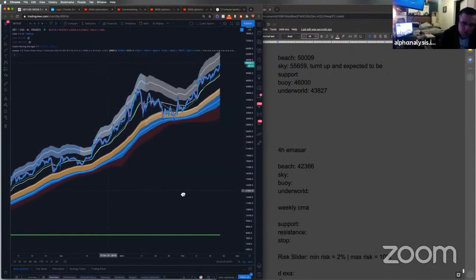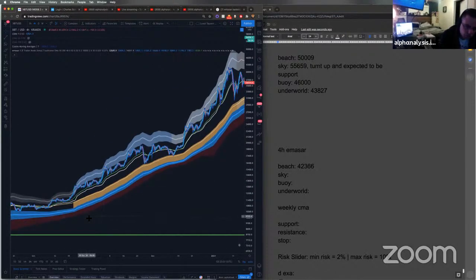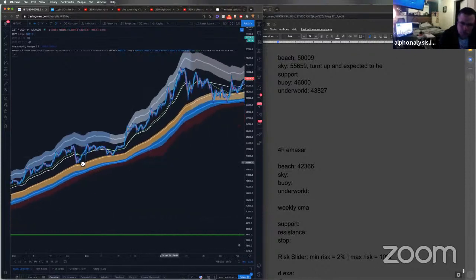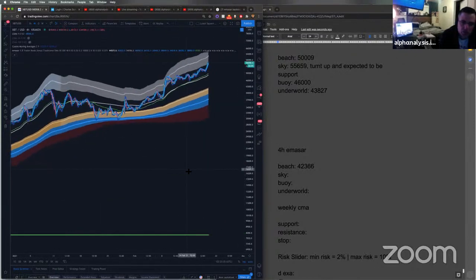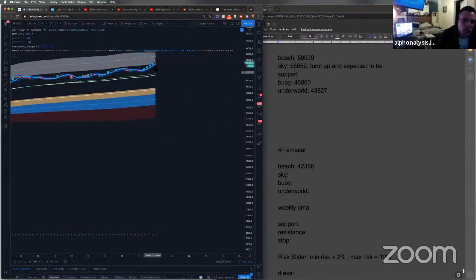Not a lot of good examples right here. We expect resistance to turn into support if you break through. And if this does get up into here, testing the moon, then I would expect it to moon by turning the sky, the top level of resistance here, into support, and then melting up in the sky. We'll see.